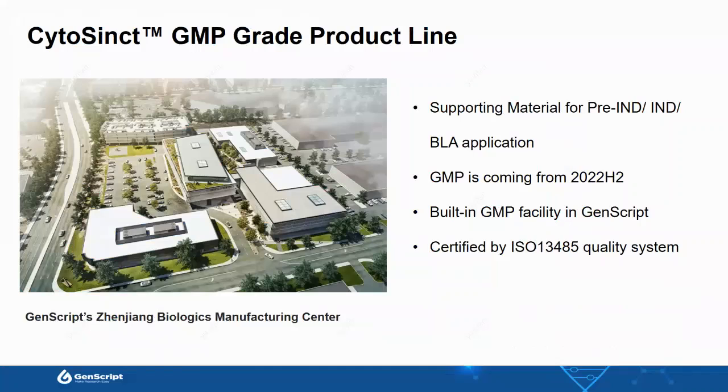All right, here is the overall picture of our CytoSinct GMP grade products. Our GMP facility can guarantee the quality of our GMP products to a great extent, which can support cell therapy companies for their R&D and BLA applications.